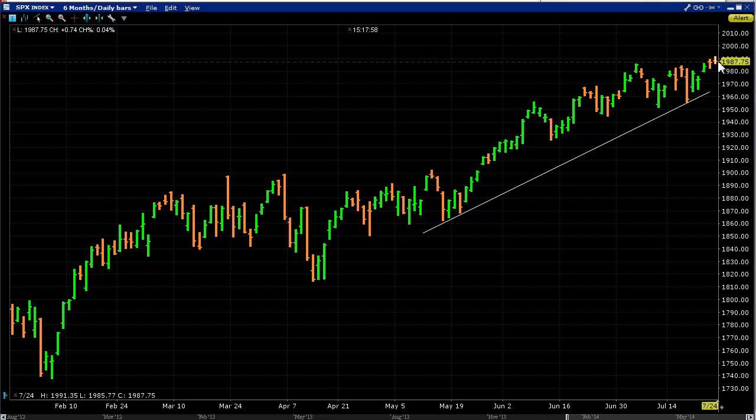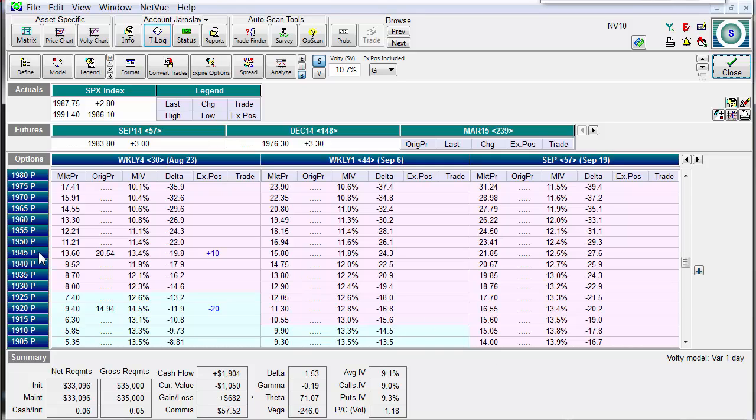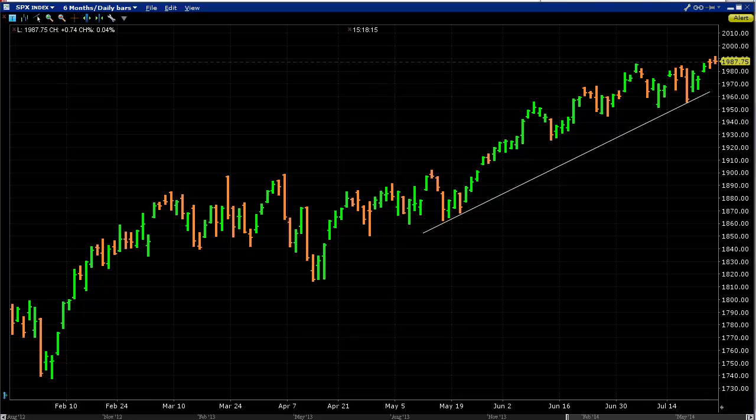So we could have a little profit taking, or we could keep going, but I don't expect any big moves yet unless there's some news. That's good for our trade because our long puts are at 1945, which is here. So we have quite a ways to go before we get to our long put.